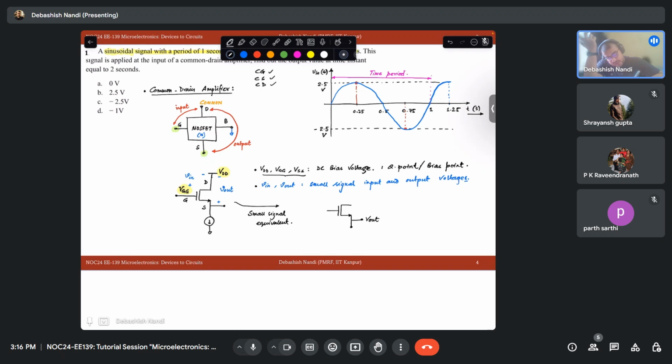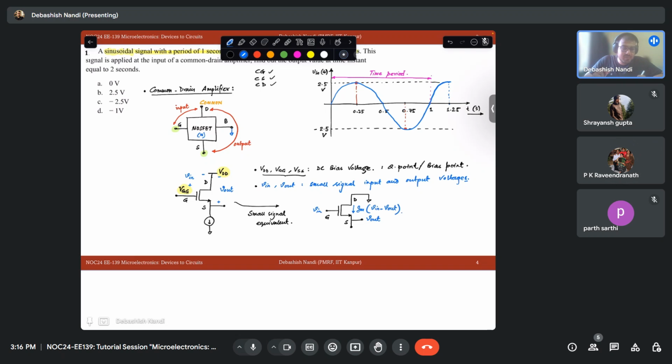Understand this very carefully. This is your G terminal, this is your S terminal, this is your D terminal. The D terminal is grounded, the input is V in and the output is V out. And this current is gm times (V in minus V out).